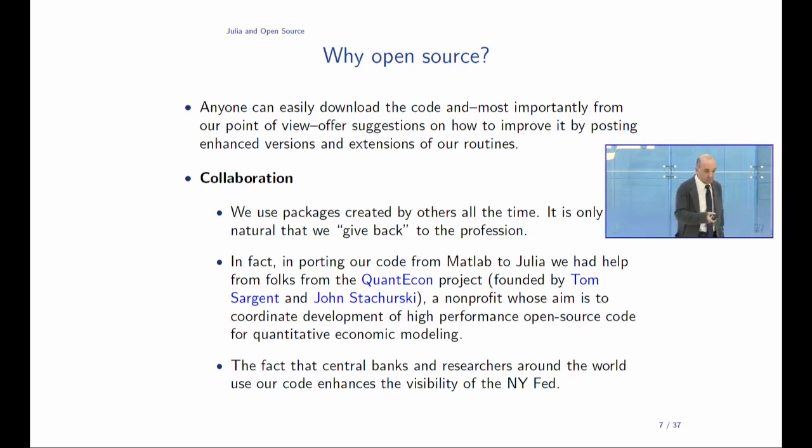Okay, which takes me to what is going to be discussed in the next slide. But for now, collaboration. Why do we make it open source? We use packages produced by other people all the time. So it's just natural that what we do, we make available to other people.